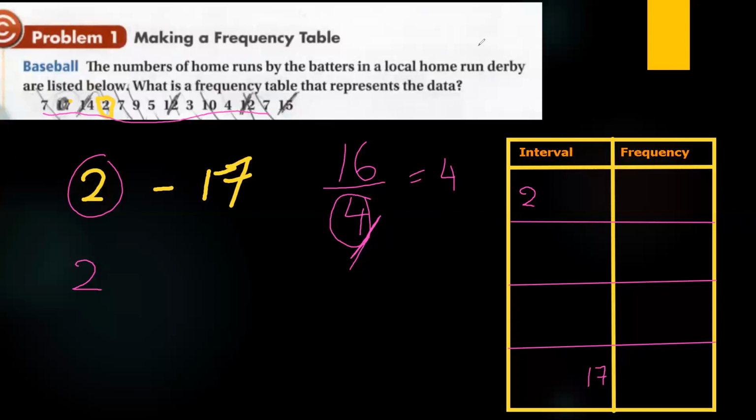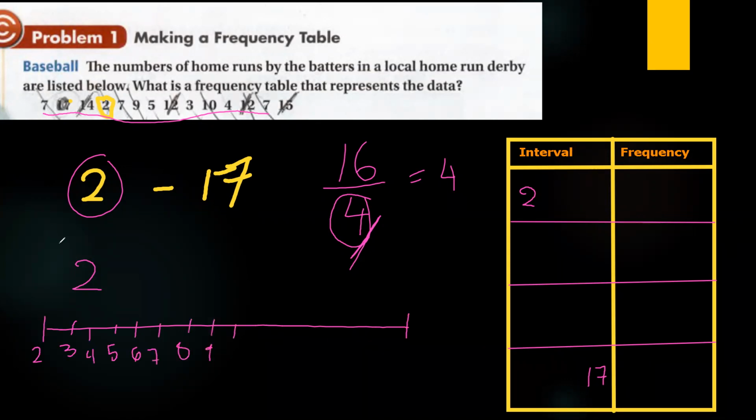Do you remember the number line? We have 2, 3, 4, 5, 6, 7, 8, 9, 10, 11, 12, 13, 14, 15, 16, and 17. They have the same length, and the length of them is 4.